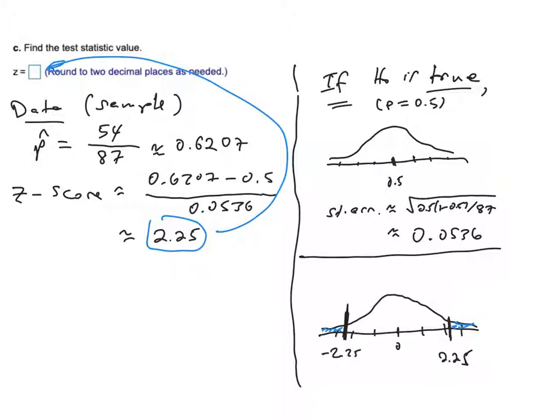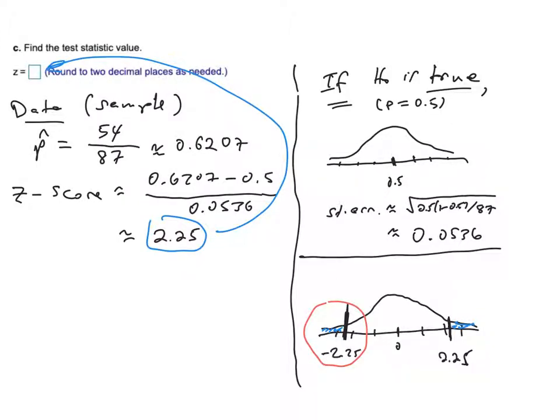The reason I'm using both tails is because, remember, my alternative hypothesis was just that p is not equal to 0.5, which means I'm not biased towards things being to the left or things being to the right. So if I want to know the probability of being that far away, I have to consider that far away in either direction. So of course our table doesn't give us pictures like that, but our table does give us pictures like this. Right?